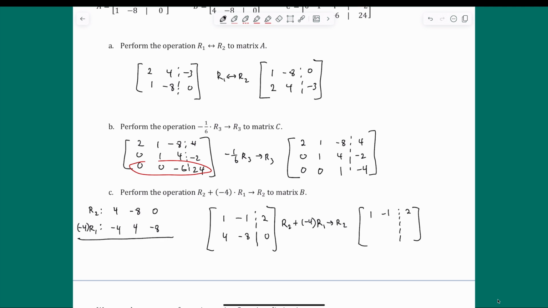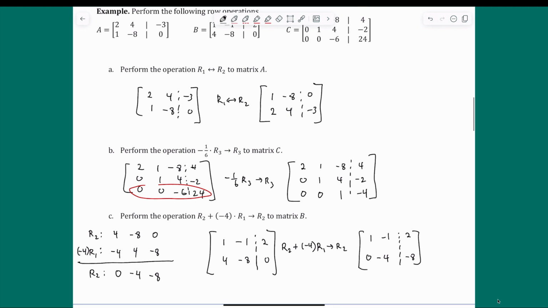And then I'm going to add these to get a new row 2. So we would get 0, negative 4, negative 8. So my new row 2 would be 0, negative 4, and negative 8. And we could use these operations to rewrite an augmented matrix into row echelon form.